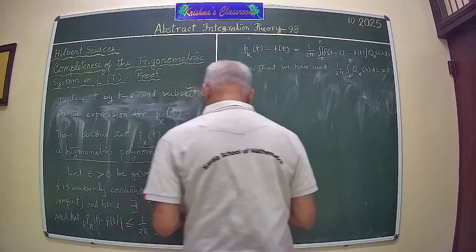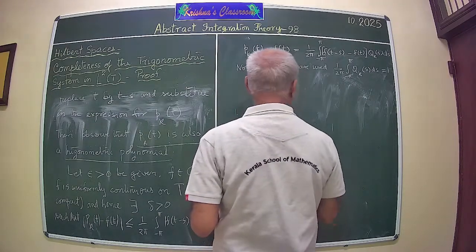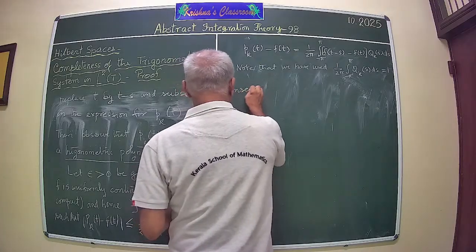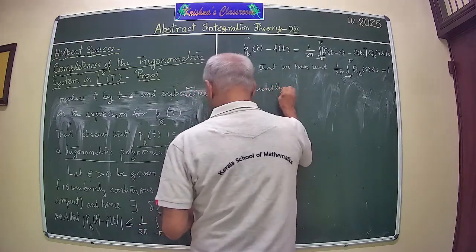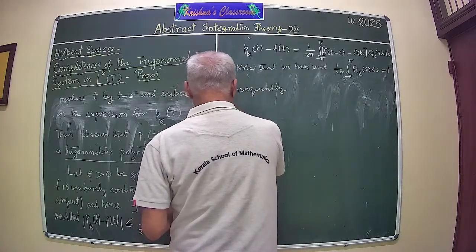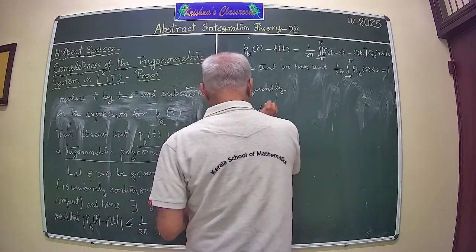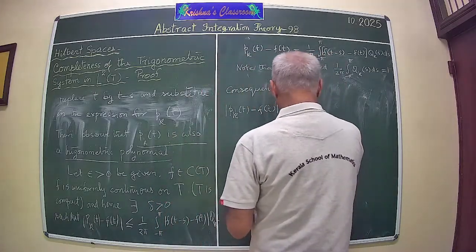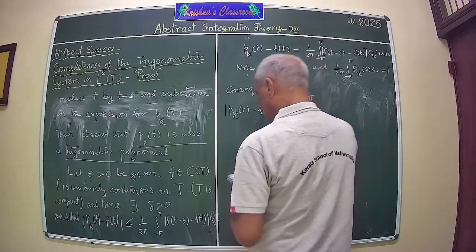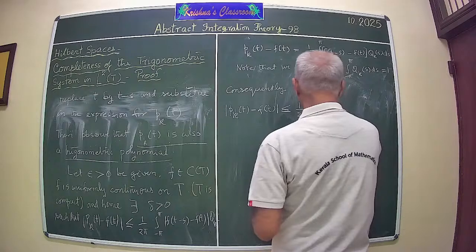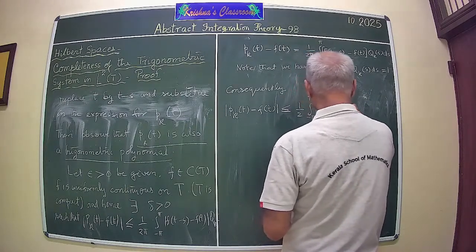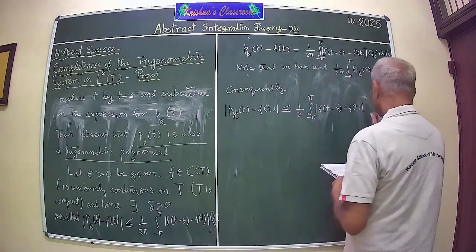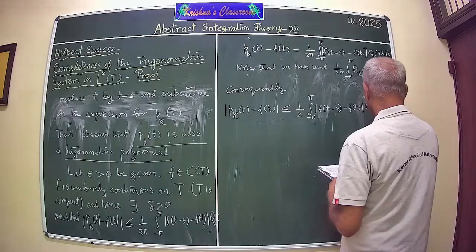Okay, and this is true for everything. We have less than or equal to 1 upon 2 pi integral minus pi to pi, that is this integral mod f ft ds.